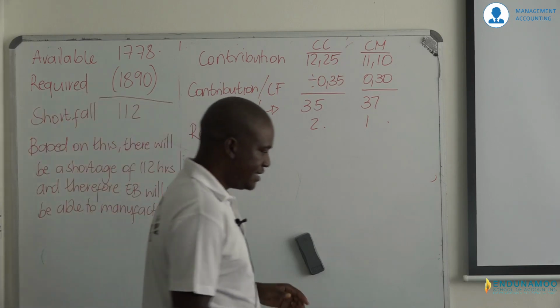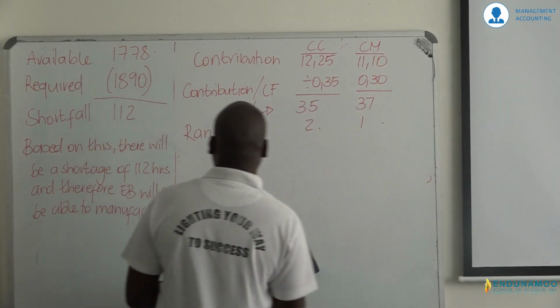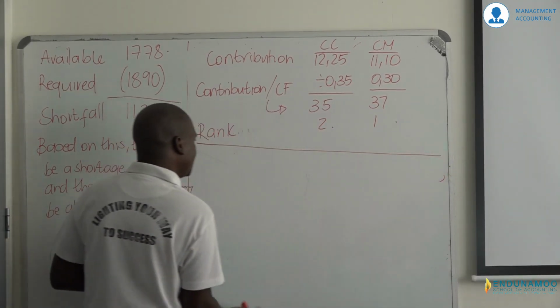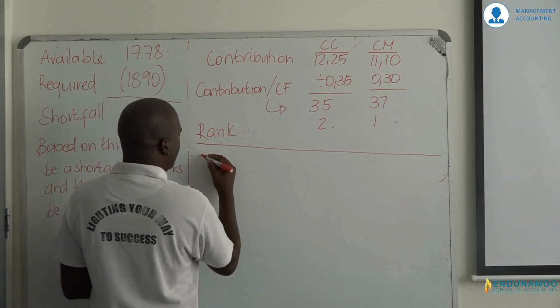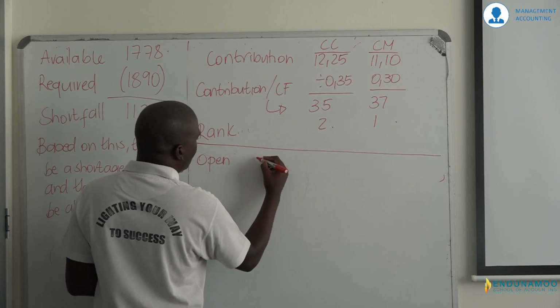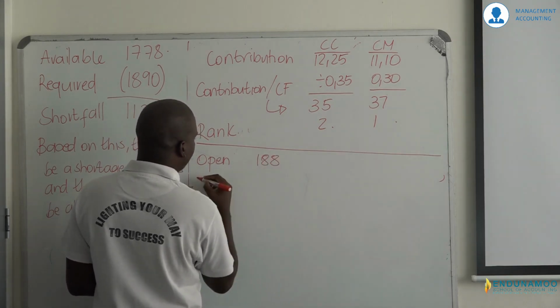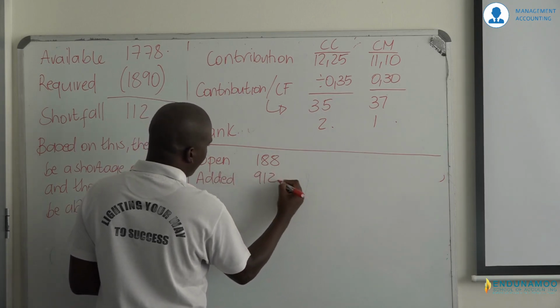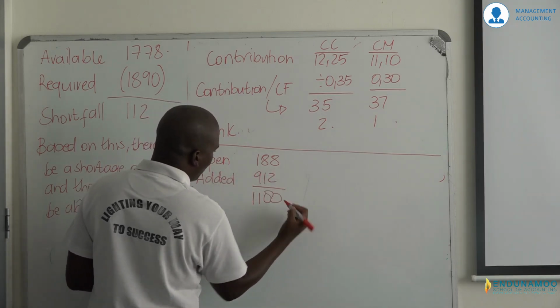B, as I said, the difficult part was outlining the input, which we've gone through. So we have said that the opening was 188, and then the one that was added was 912. This added up to 1.1.